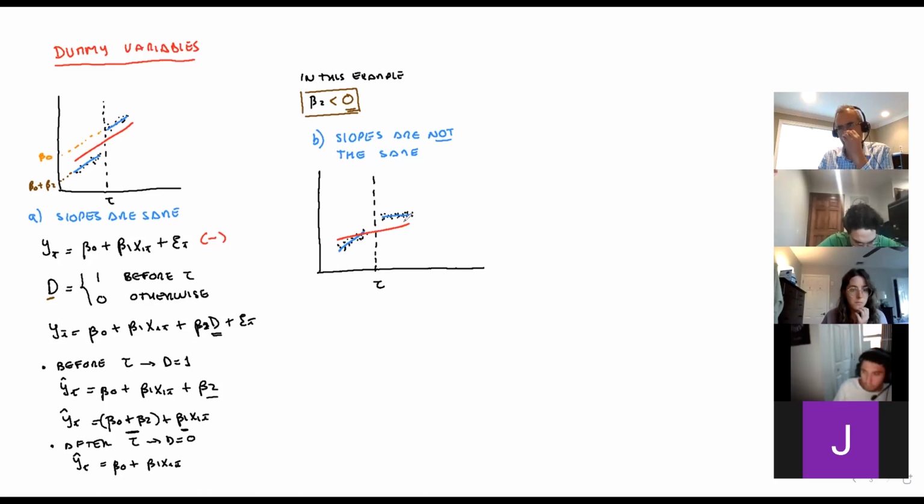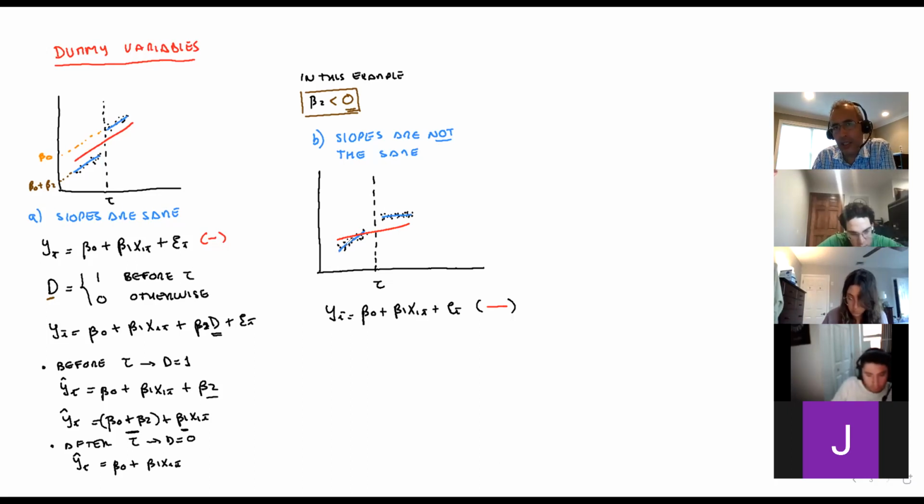That is bad. Agree? This red graph comes from the simple model y_t equals beta 0 plus beta 1 x1t plus my error. So of course, this is not good.